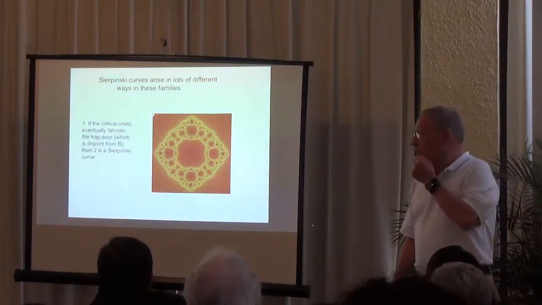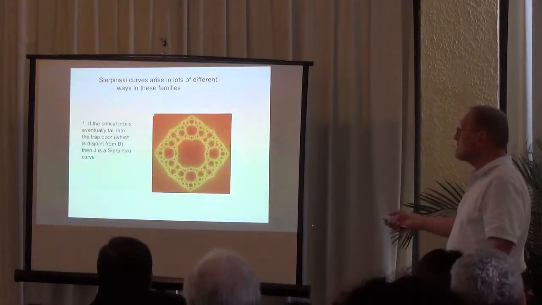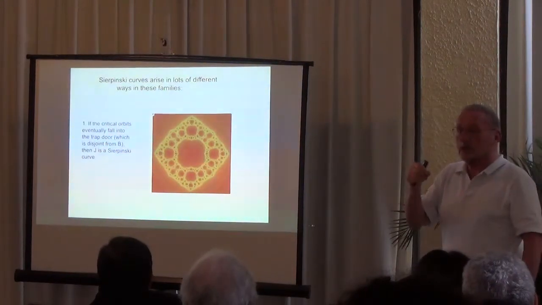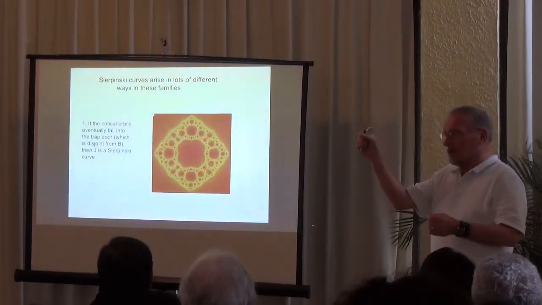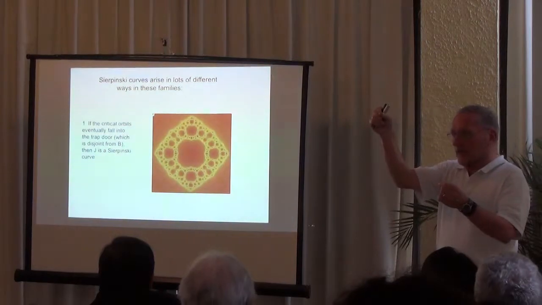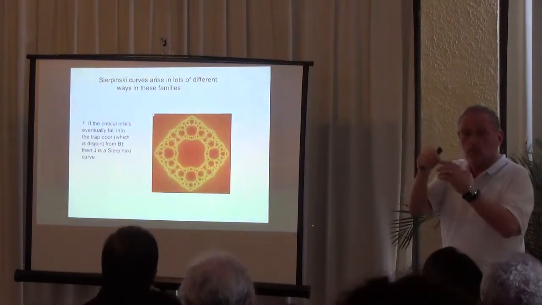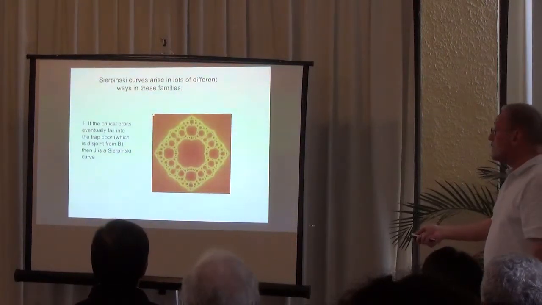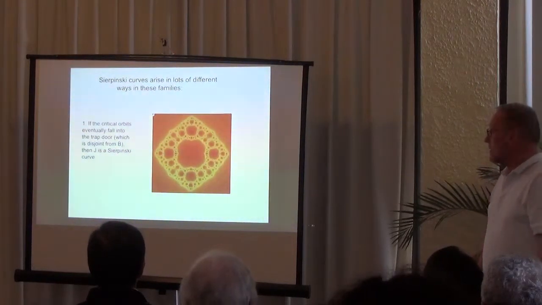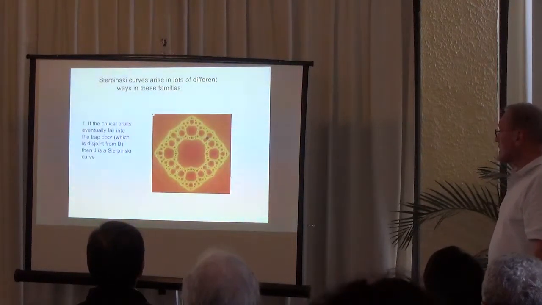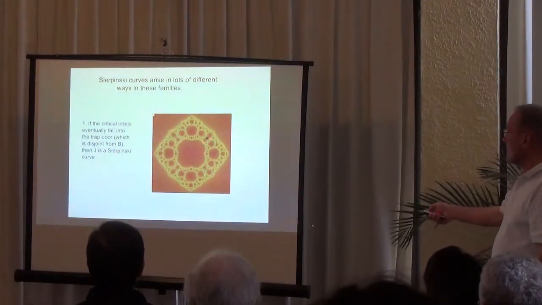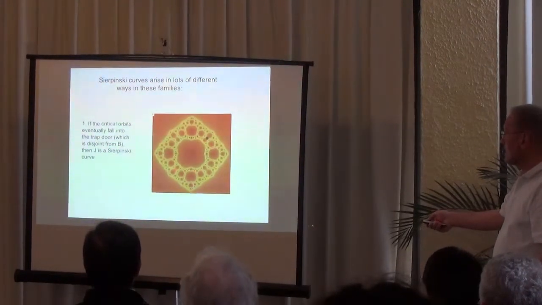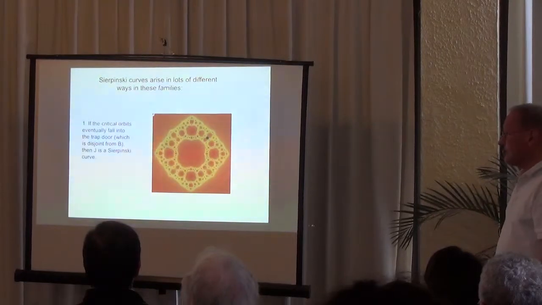For example, if the critical orbits eventually fall into the trapdoor, meaning the critical points map to the critical value, and then after iteration 2 or more, the critical value falls into the trapdoor, then the Julia set's a Sierpinski curve. Like for example, this is the case n equals 2, there's actually 4 critical points here, so you see 4 figure 8 regions.